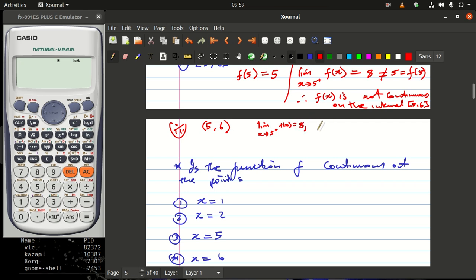Every time you pick a value, let's say I pick a value on the right of 5, I'm going to call it f of a, where a is an element of the interval 5 up to 6.